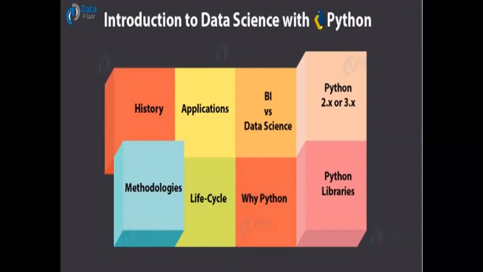Python is one of the tools to be executed. We write code in Python, and the data science methodology can be applied in this. So the Python 3.x version will be used. And Python libraries are very important, where if you write a program, it will search in the library. If it exists, it will support. So these are the libraries.